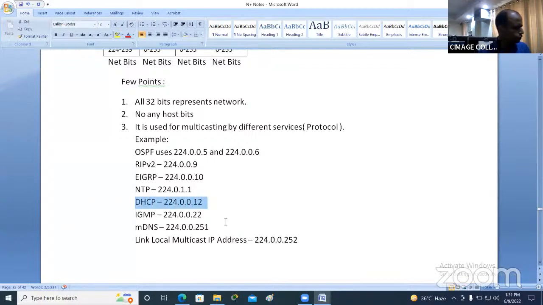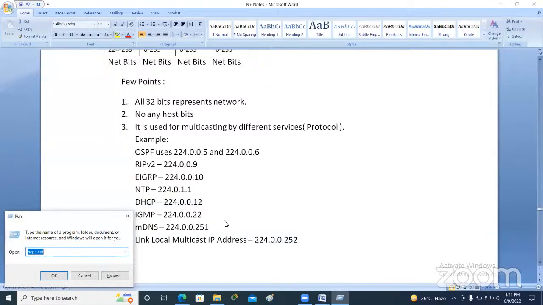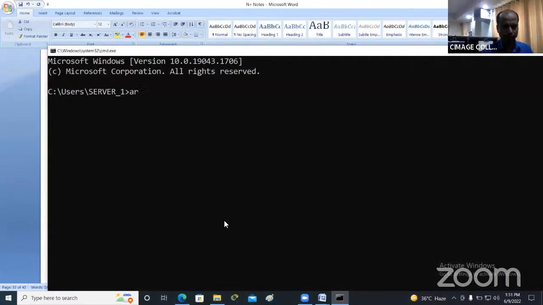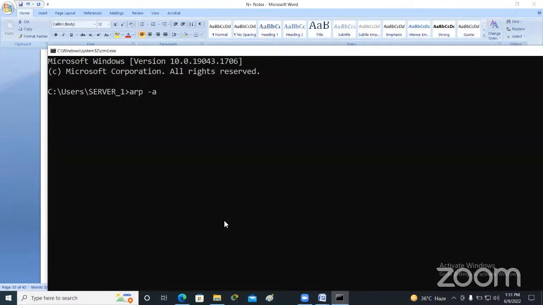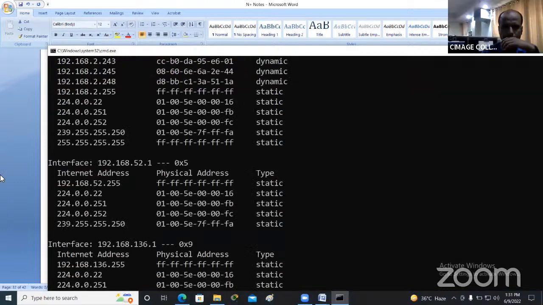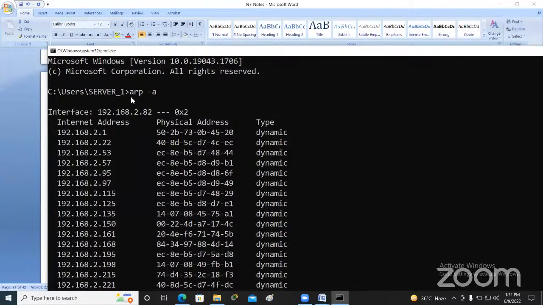Now I can show you. This is my command prompt. I'm just going to put here a command. Now see, this is the ARP table. I have used the command arp -a. You can also use it.